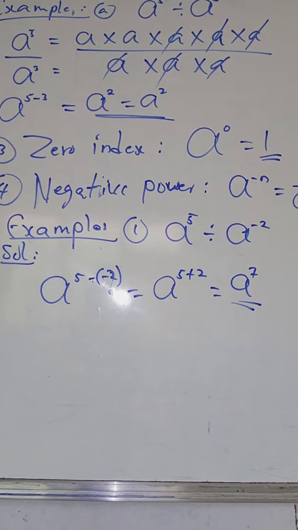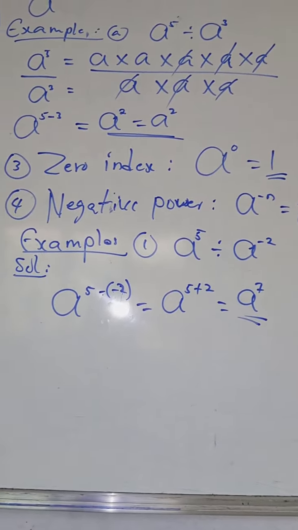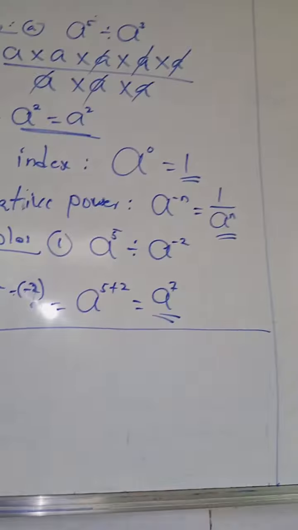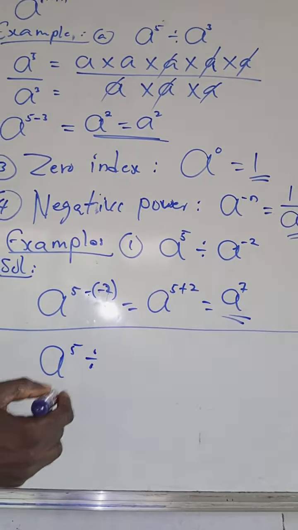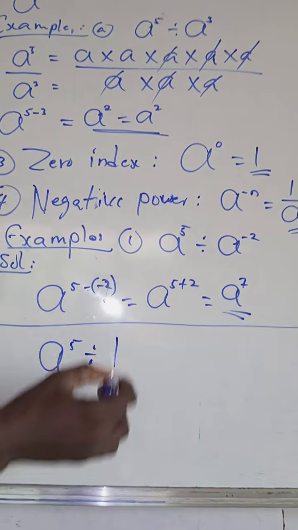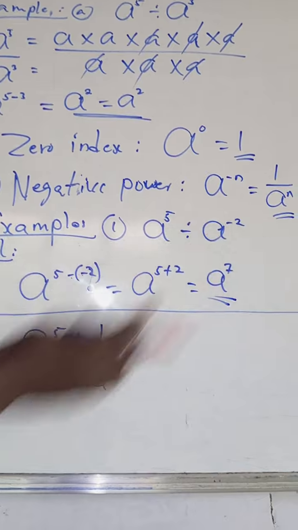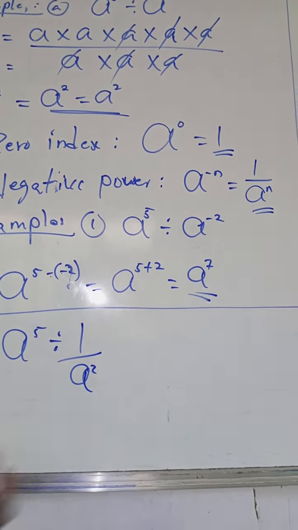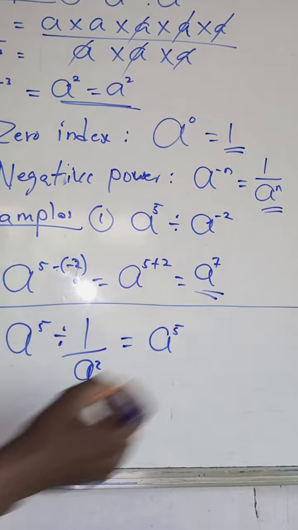Let me solve it using this method and see if I will get the same answer. So a raised to power 5 divided by this one is the same thing as 1 over a raised to power 2. So this one is the same thing as this. So of course, it's going to continue giving me a raised to power 5.